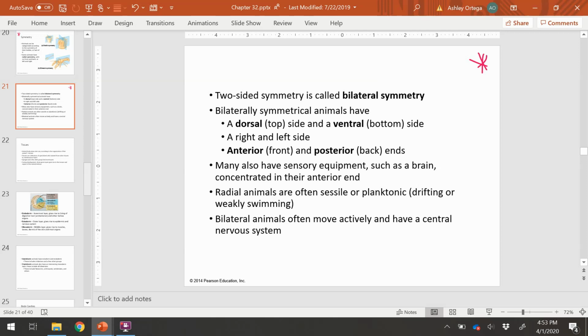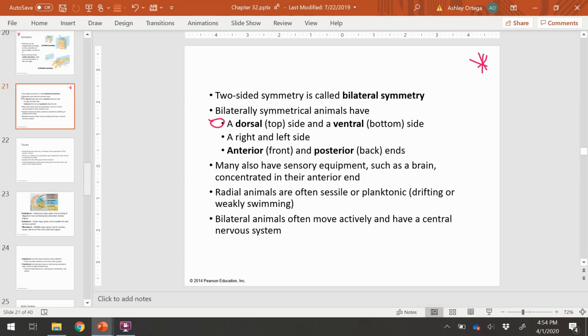For example, in a dolphin, the dorsal top side is going to be the darker top part of their back, their head, their tail, and then the ventral or bottom side would be like their belly, their underside. That's white. Usually dorsal for animals will be a darker surface, and ventral will be a lighter, whiter surface. But that's not always the case, so just keep that as a general trend.